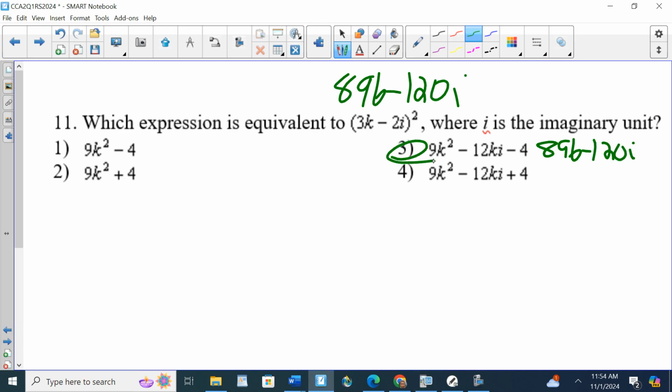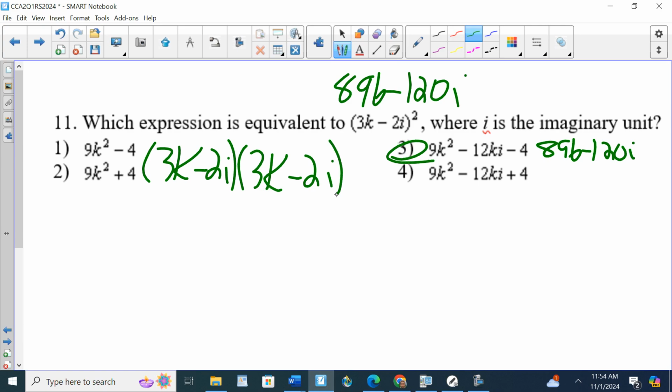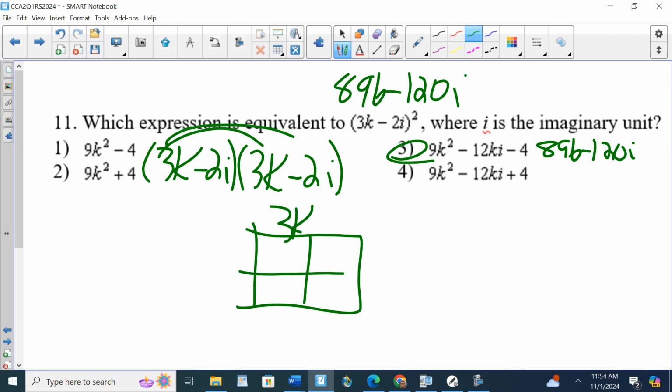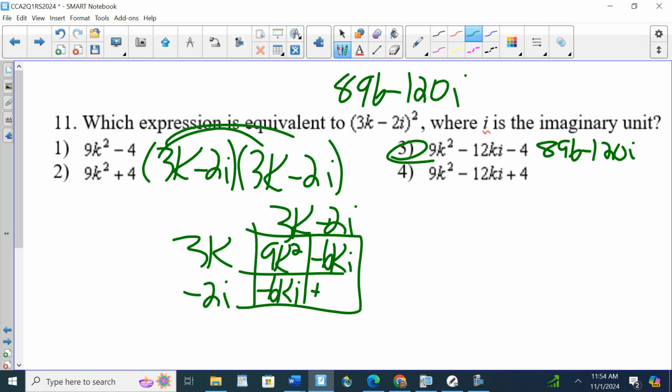If I'm doing this algebraically, squared means times itself. So it's 3x minus 2i times 3x minus 2i. And then from there, I do it in my box. 9x squared, minus 6xi, minus 6xi, plus 4i squared.